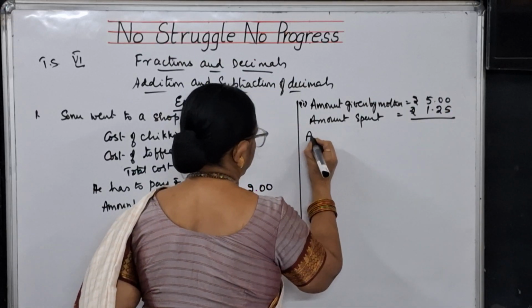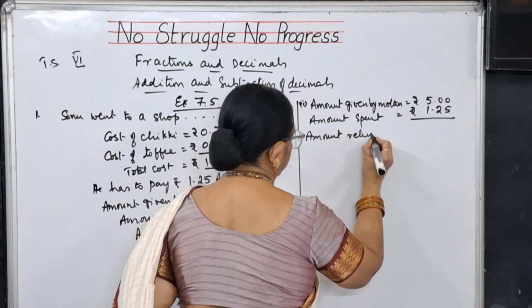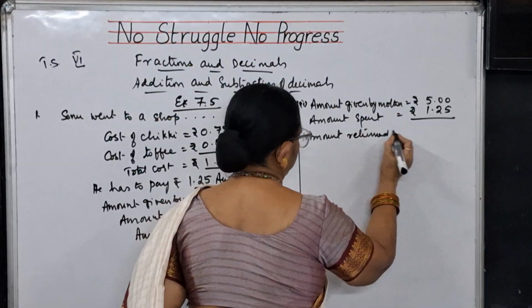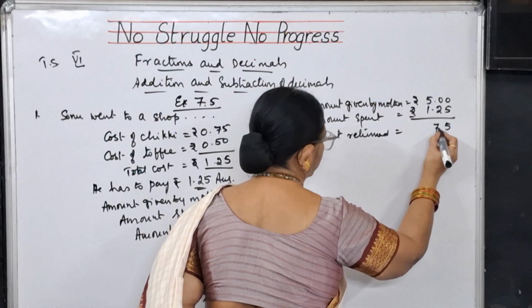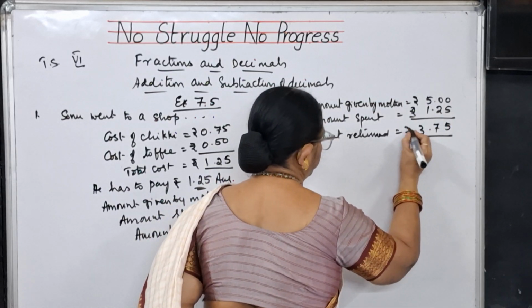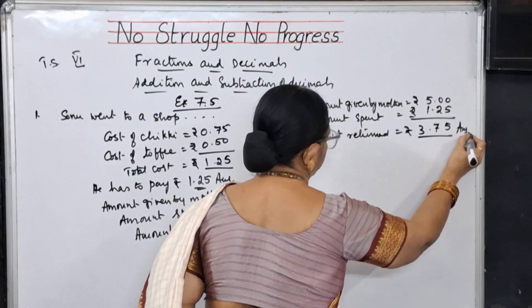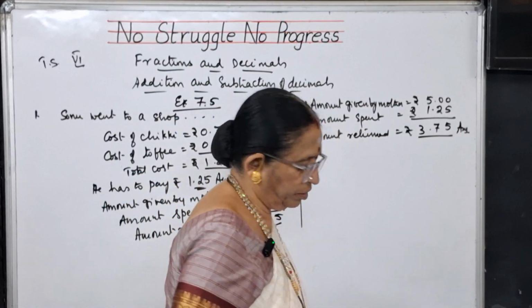So, amount returned is equal to, you have to subtract 5 here, 9 minus 2, 7 here, 4 minus 1, 3. 3 rupees 75 paisa is the answer, children. Please copy it.